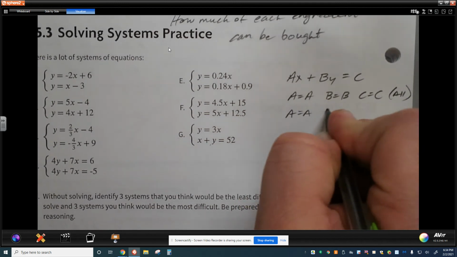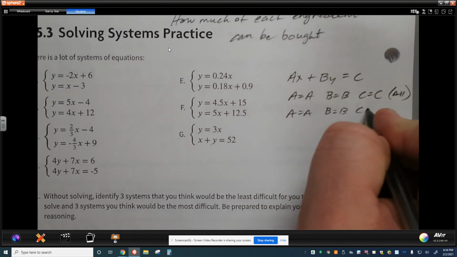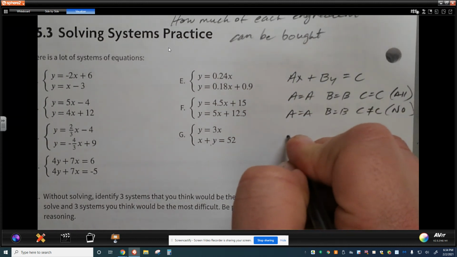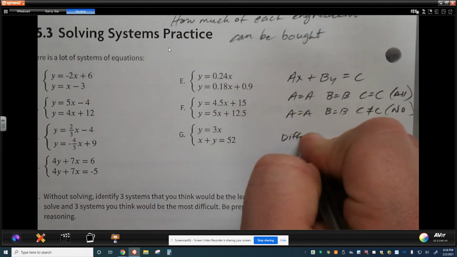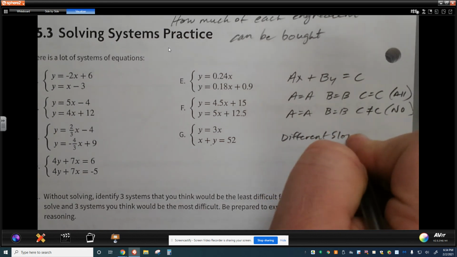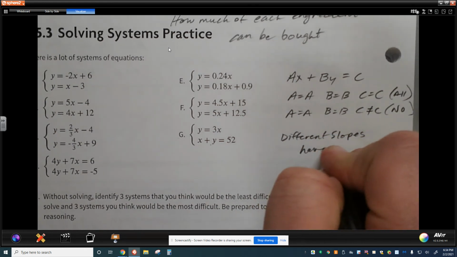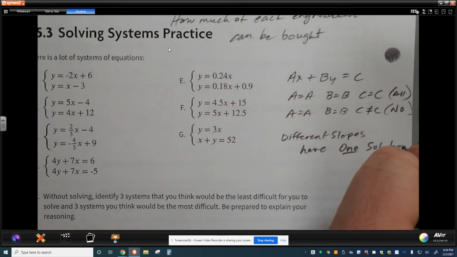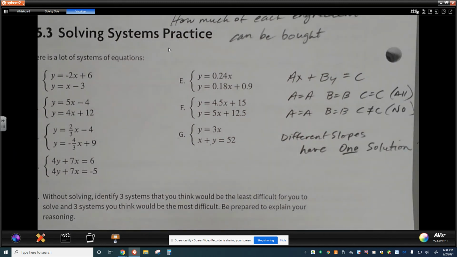A equals A, B equals B, C is not equal to C, then we have none. Different slopes have one solution. Okay, pay attention to those, and what that does is it helps you to visualize it before you get going.